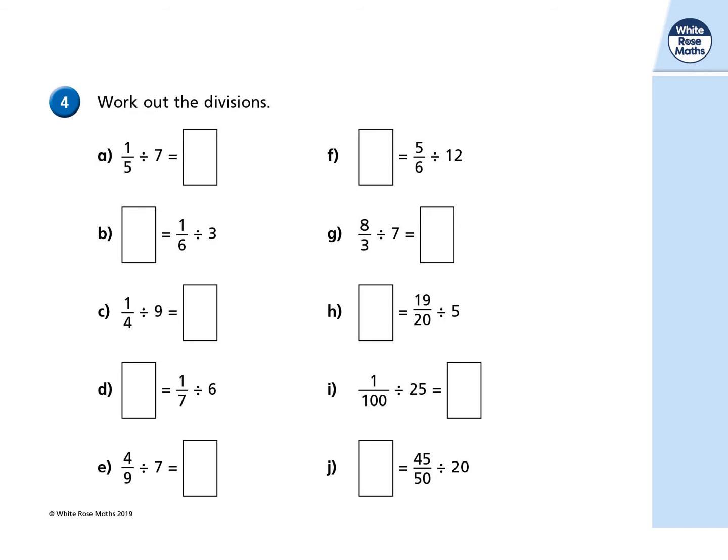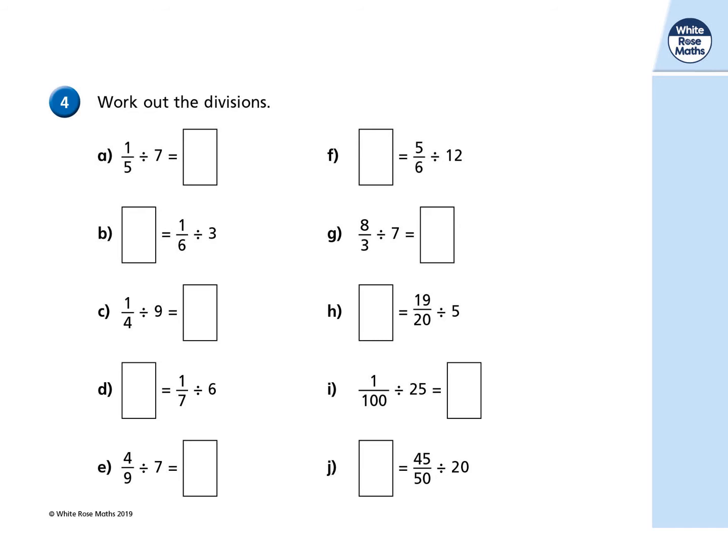1/6 divided by 3 for B, okay? Remember, the 1 stays the same, we are dividing, okay? So 1/6 divided by 3, the 3 and the 6, look at the pattern, what's that going to be? For C, 1/4 divided by 9, you're going to make that fraction smaller.